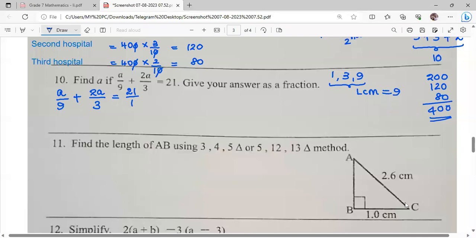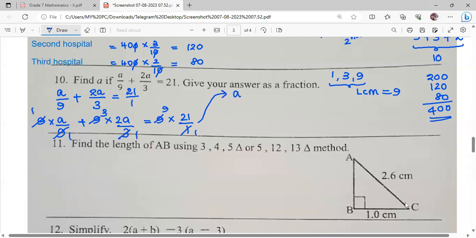Okay, what should I do now? I multiply all the items by 9 separately. Multiply 2A by 3. Then 9, I multiply 21 by 3. 9 times 1, then 3 times 1, 3 times 3, here you have 9. Then, children, I simplify this.